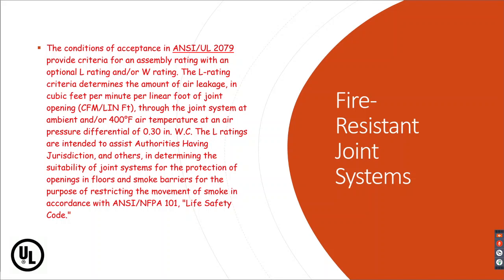And then the L ratings are intended to assist the AHJs and others in determining the suitability of joint systems for the protection of openings in floors and smoke barriers for the purpose of restricting the movement of smoke in accordance with NFPA 101. So again, that's the L rating there.